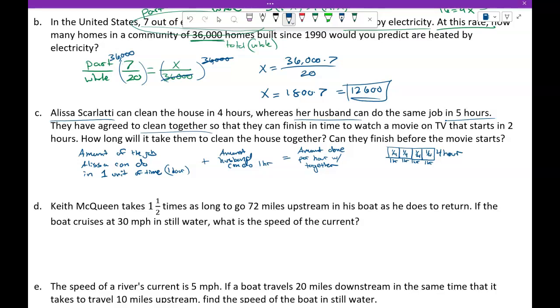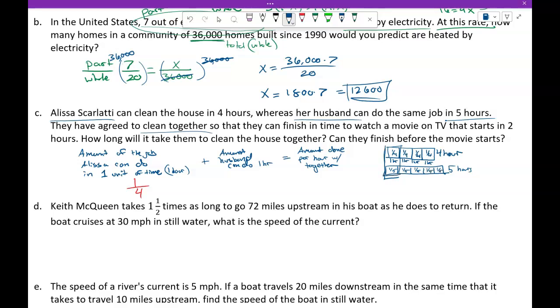So after 1 hour of work, Alyssa has cleaned 1/4 of the house. Now her husband, it takes him 5 hours to do the job. And so his is broken up into 5 increments. But again, within that same amount of time, he gets 1/5 of the job done.